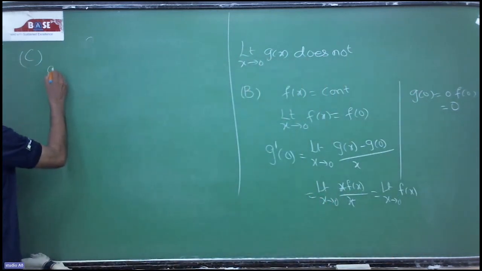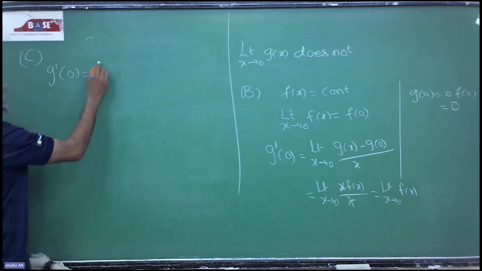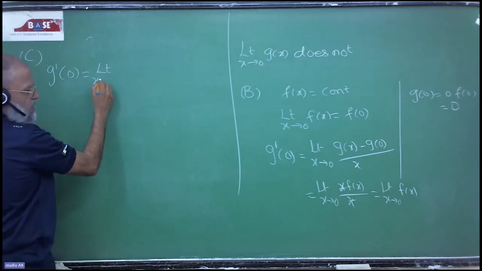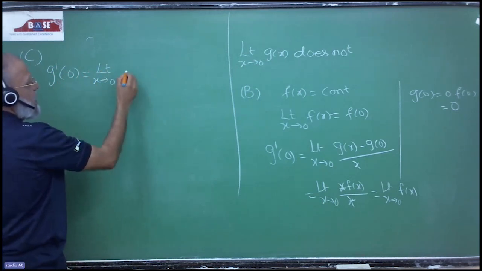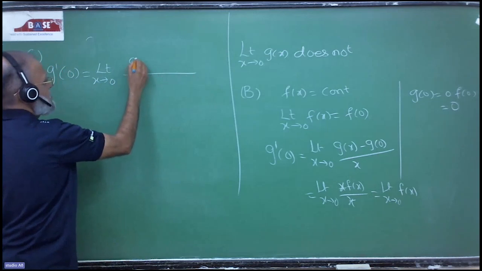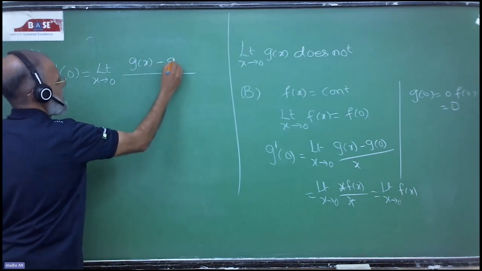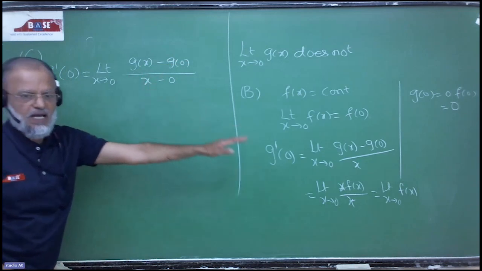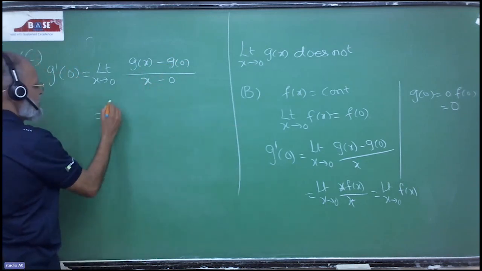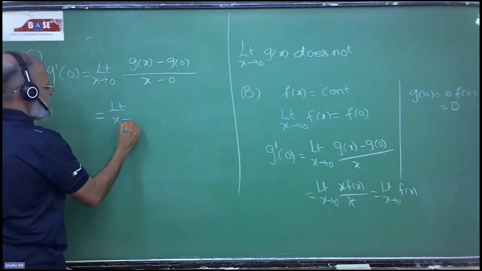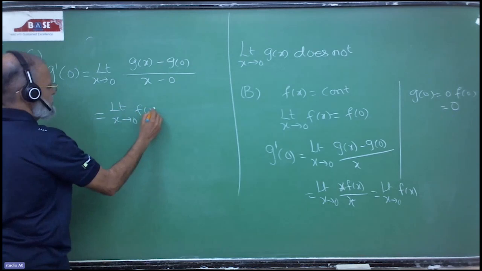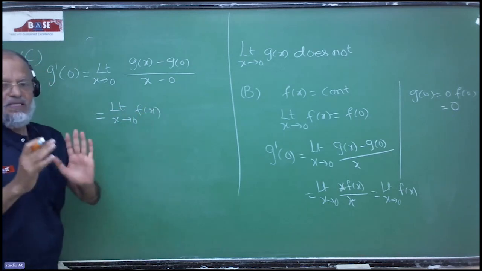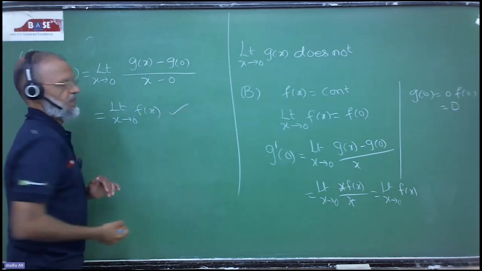It is not compulsory that it always happens. So I will write here, for the C option, g dash of 0 is equal to limit x tending to 0 of g of x minus g of 0 divided by x minus 0. The same thing as I did here. If I write, I will get limit x tending to 0 of f of x. Now, this limit exists, okay.